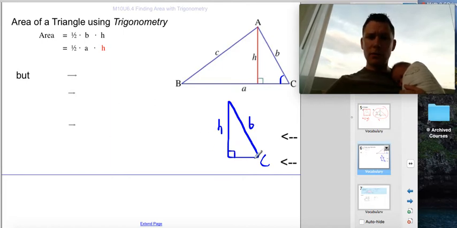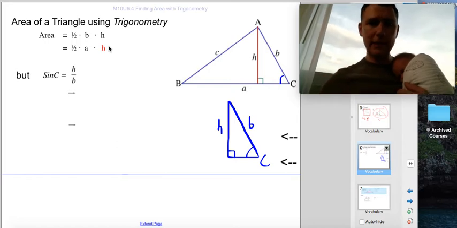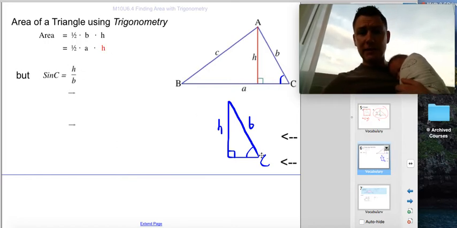If you use some trig on this, you can say sine of C, sine is opposite over hypotenuse. It's h over b. So that's this piece. And what we're going to do is give h a new name and insert it in a second. So sine of C is height over b.